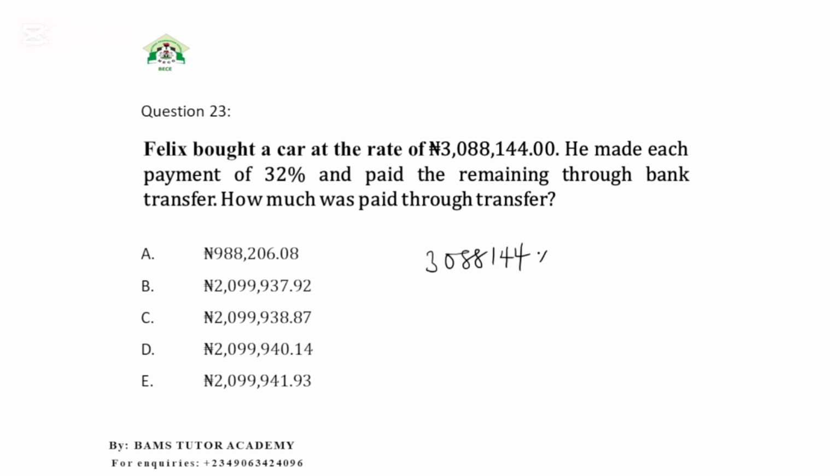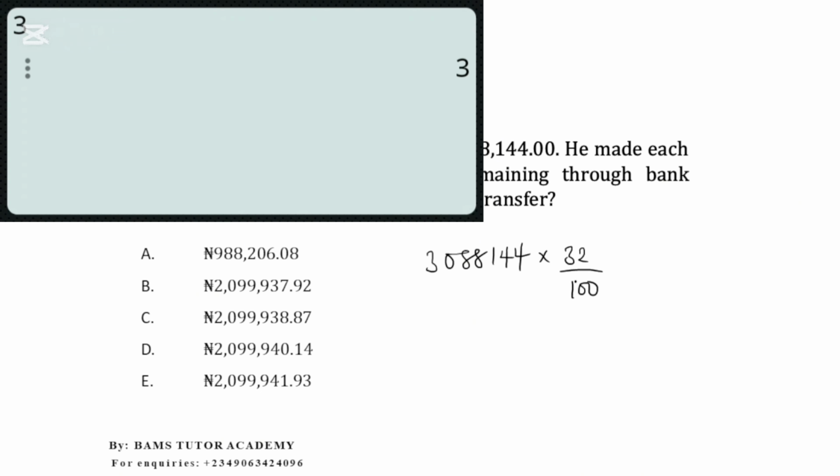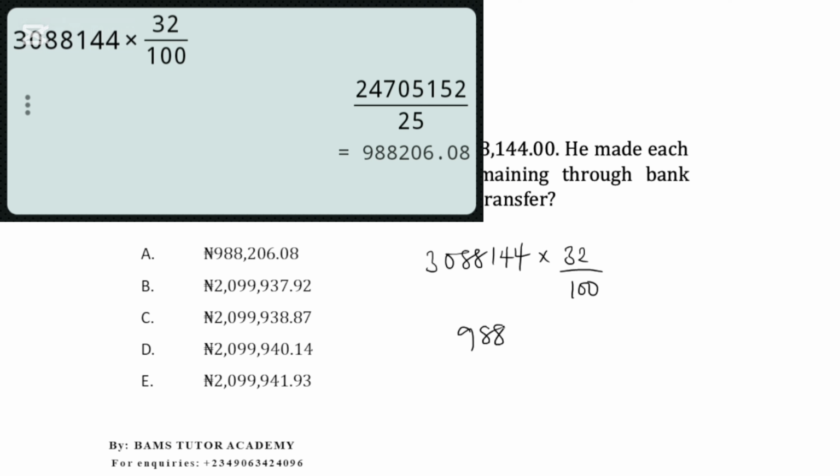What's 32% of this? So let's go to our calculator. 3,088,144 times 32/100. So the 32% is actually 98206.08. Okay, this is 32%.